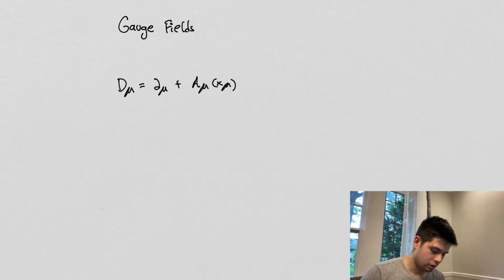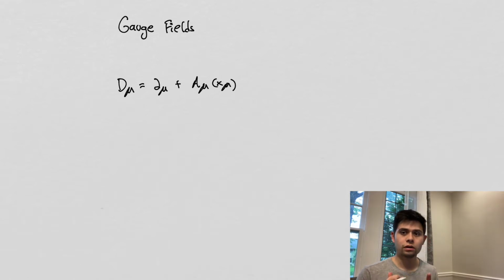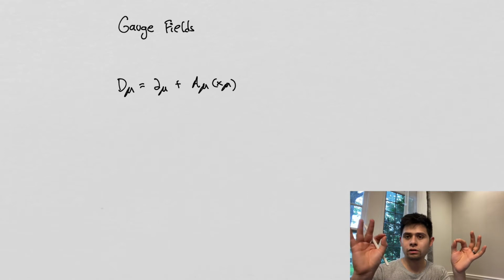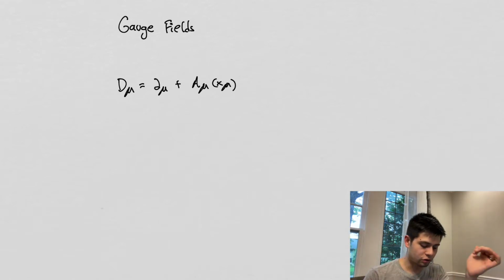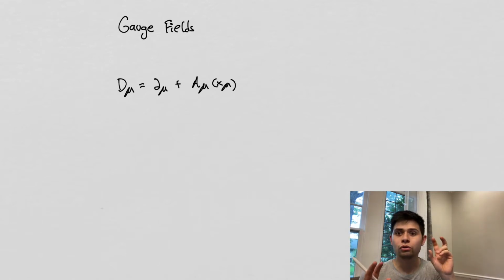So this is a covariant derivative. What it does is it takes into account the change in, say, your scalar, if you're looking at a scalar field, as you move from one point to the next. So the difference between the scalar here and the scalar here, while also taking into account a change in a coordinate system.